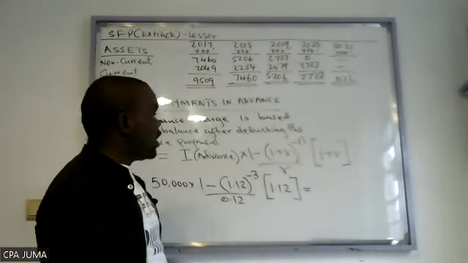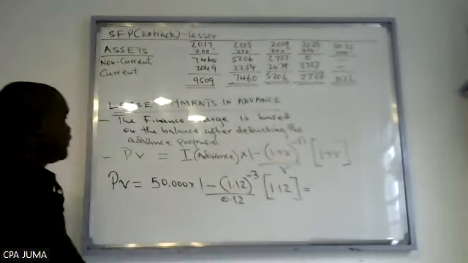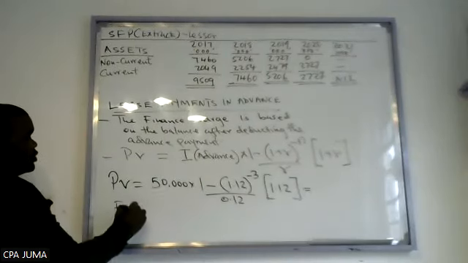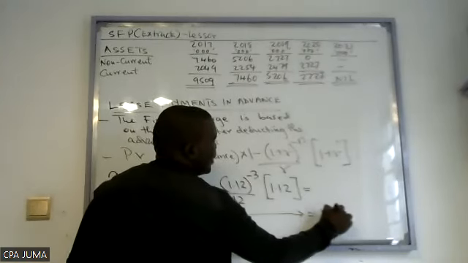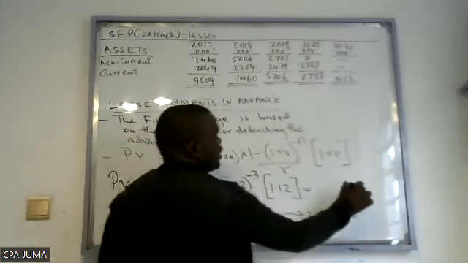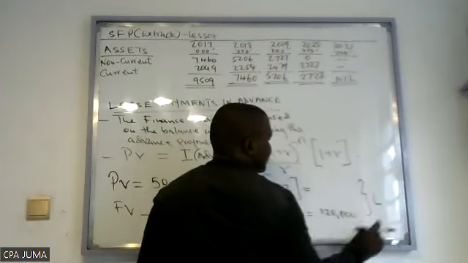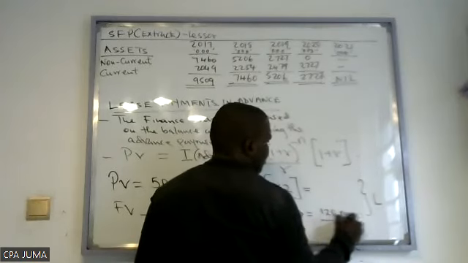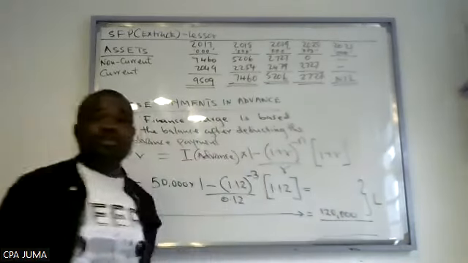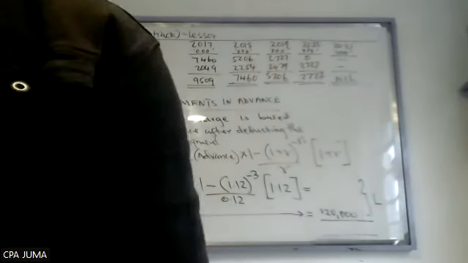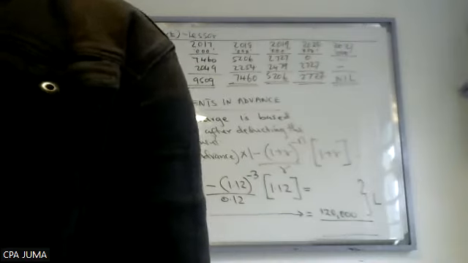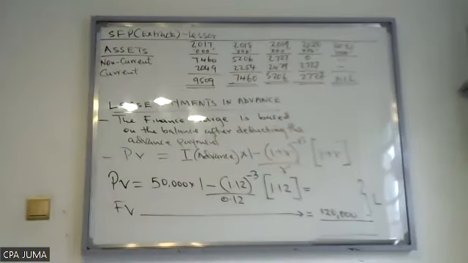Because 1 plus r, yeah, that is okay. Then the fair value is 120 million. So we say whichever is lower. Can you discount for me that? You tell me the figure.